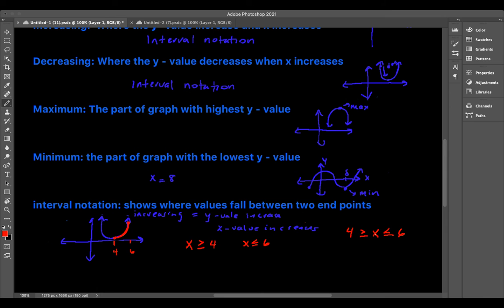Now remember, usually you write inequalities from left to right, this way. But going backwards this way means something else. So if you think about it, this means that x is less than 4, okay? So actually what you have to do is flip the sign around.